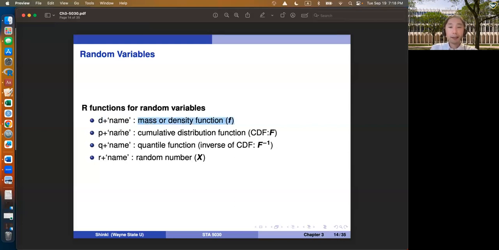And also p plus name is the cumulative distribution function, capital F. And q plus name represents the quantile function, that is the inverse of the CDF. That means we calculate from probability to the threshold. And rnorm generates random numbers based on this distribution.